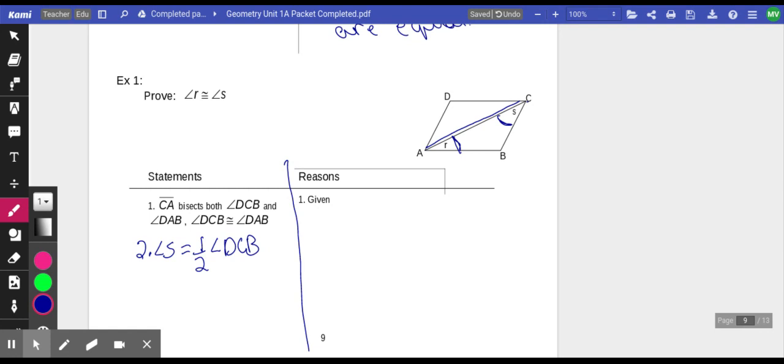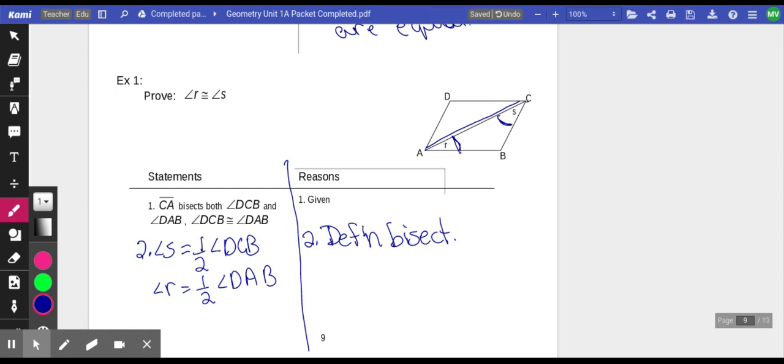And then I also know that CA bisects DAB, which means angle R is half of angle DAB. And the reason for that is definition of bisect. Bisect makes two equal parts or cuts it in half.